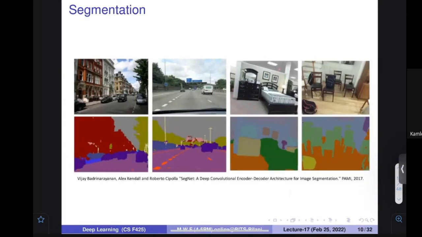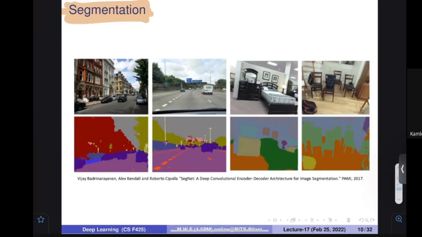Then comes a very interesting problem called segmentation. The problem of segmentation is that, given an image, you want to find out where the thing I am interested in is. For example, in this image, sometimes you would be interested in where the road is. Why? Because if you are developing an autonomous driving vehicle, the vehicle should know where the road is, where the lane is, where the lane markers are, which lane I am in, and what instruction is written on these boards.